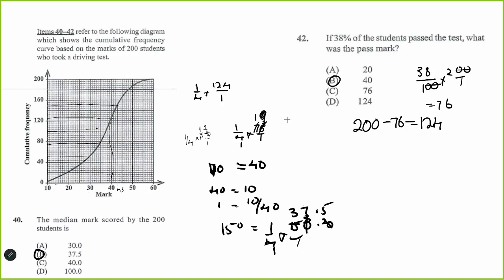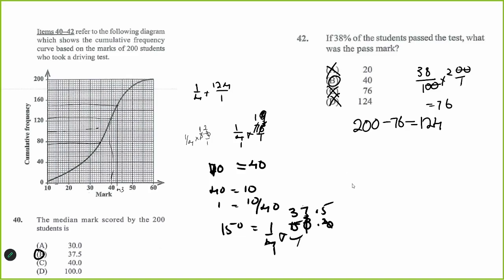So even through the process of reasoning, 76 and 124, there's no 76 here, there's no 124. So this would have immediately been eliminated. Right? This would have been eliminated because the values are too high, and A would have been too low. Right? So the only logical answer would have been 40.